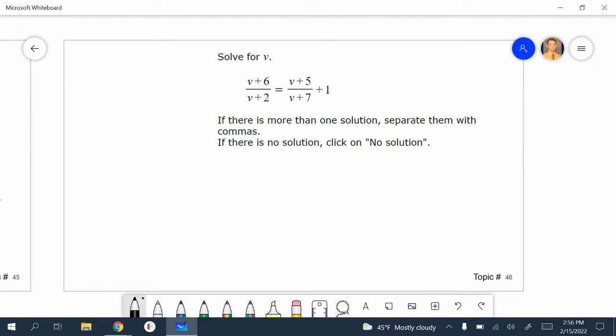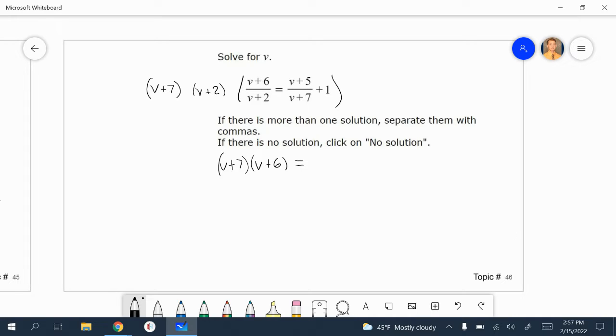This is kind of the same situation as the last question. I'm going to multiply by v plus 2 and v plus 7. So when we do that, my top part here, the v plus 2's will cancel out. I'll have v plus 7 still there, and I'll have that v plus 6 that was on the top of my fraction.